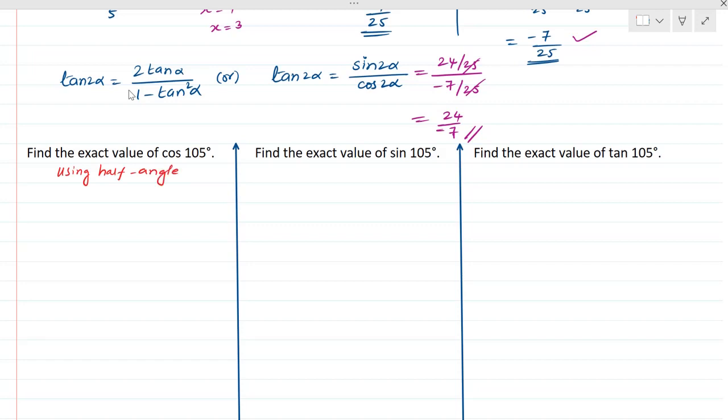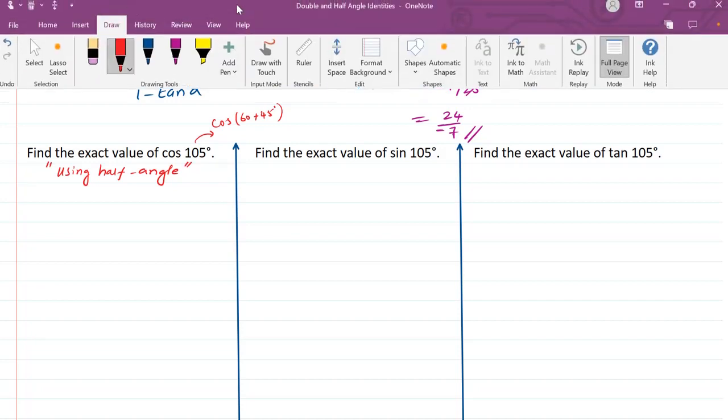This can also be solved using the sum formula. How? Cosine 105 can be written as cosine of 60 plus 45. Using the sum rule, cosine A cosine B minus sine A sine B, and after value substitution and simplification, you will get the answer. But in the question, it is mentioned using half angle, so I have to use the half angle.